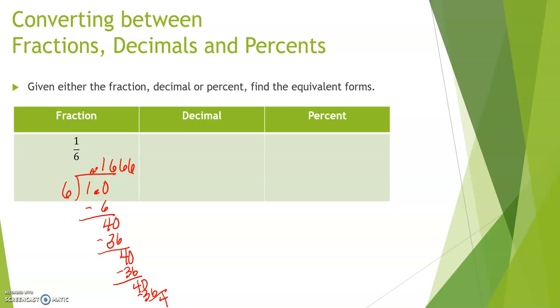Pop that decimal point up. Our decimal is going to be 0.166 repeating. Decimal to percent, we multiply by 100. So our percent is going to be 16.6 repeating percent.